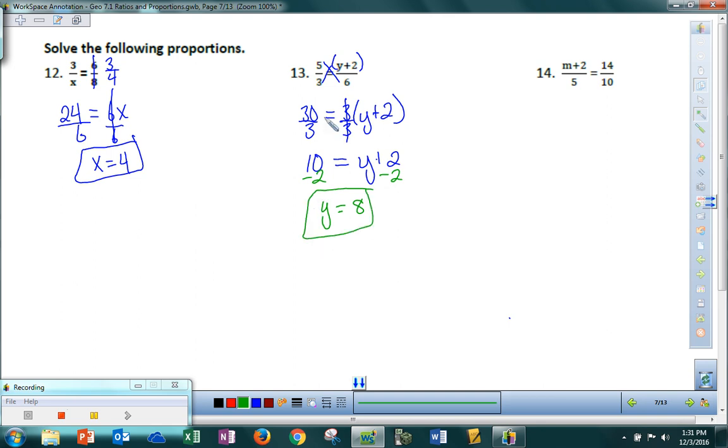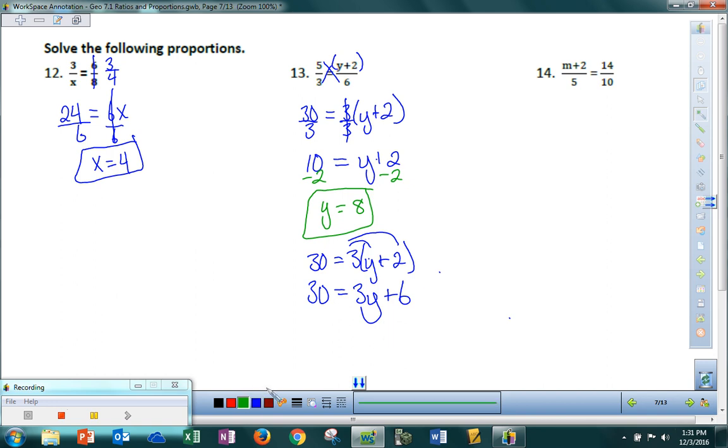Now, most people would want to say 30 equals 3 times the quantity y plus 2, and then distribute this 3 through. That's perfectly okay. We've got 30 equals 3 times y, which is just 3y, plus 3 times 2, which is 6.